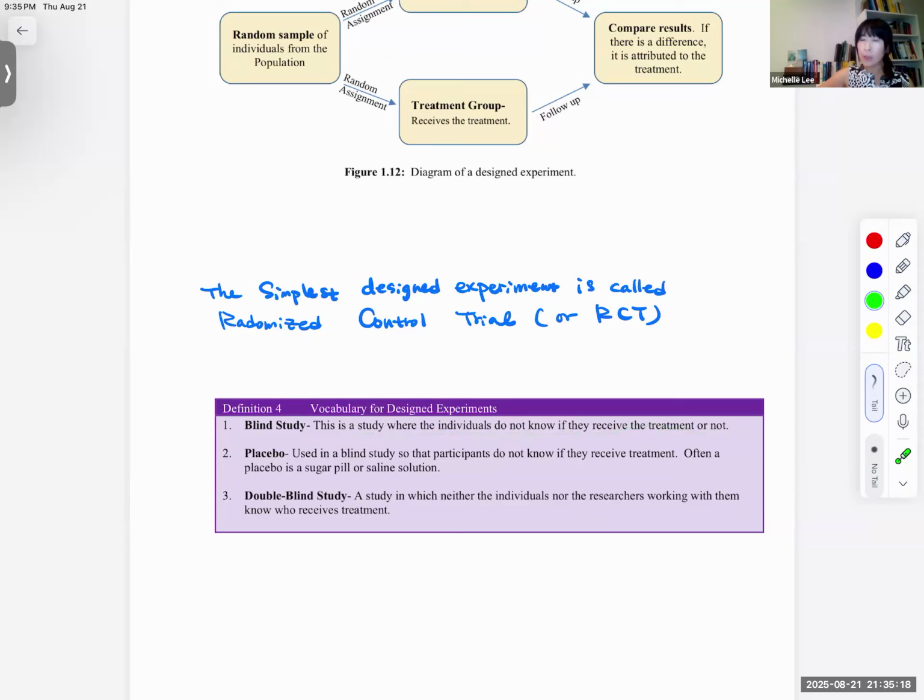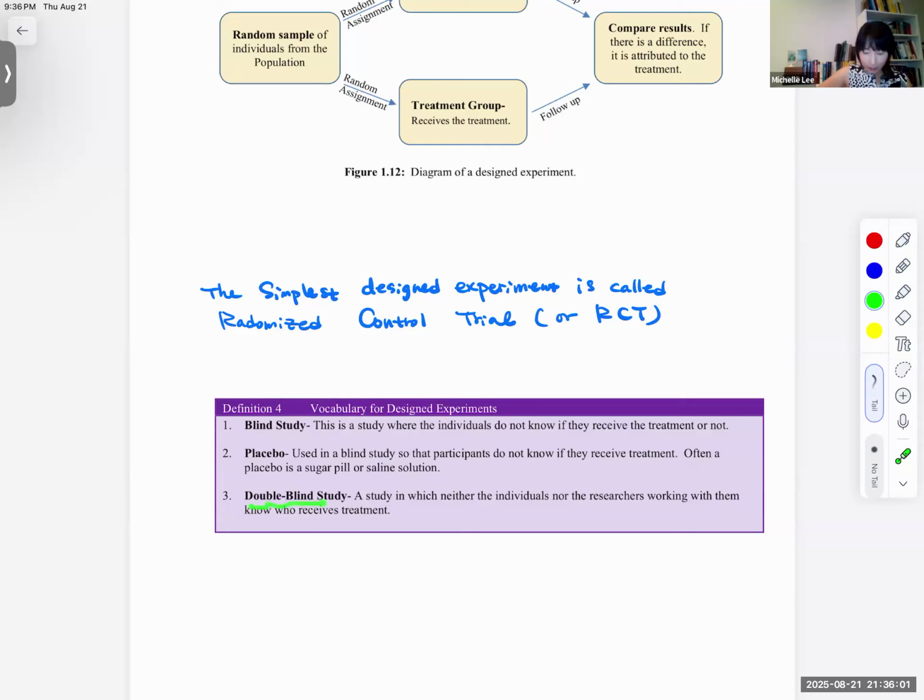So they're taking a pill, but they might take a real pill or they might take a fake pill, like a sugar pill or a real pill. Placebo, yes, that is the fake one. We use a blind study so that participants do not know if they receive treatment. Often a placebo is a sugar pill or saline solution.